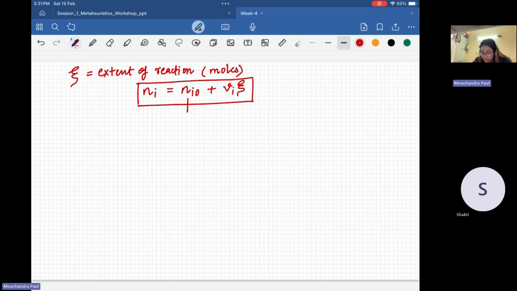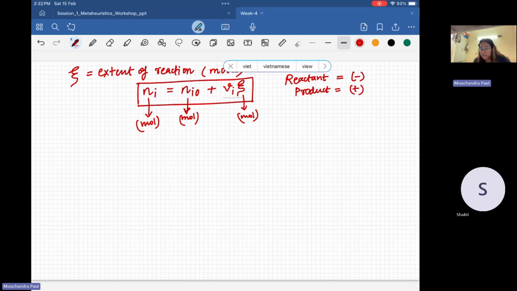The units are moles for all of these. For the stoichiometric coefficient, reactants are negative and products are positive.